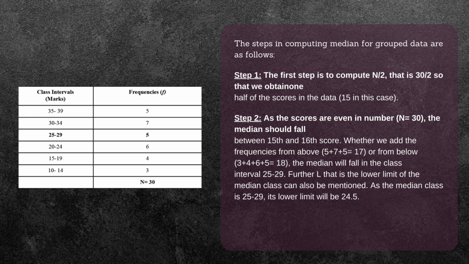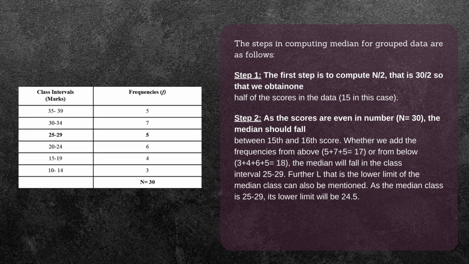From below you can calculate 3 plus 4 plus 6 plus 5 is equal to 18. So you can understand how we calculate the median position, as we just discussed in the previous example with ungrouped data. When we have an even number of data, the positions would be 15 and 16. So 25 to 29 is the class interval which has the median score.